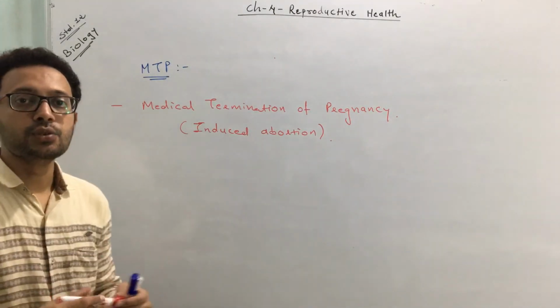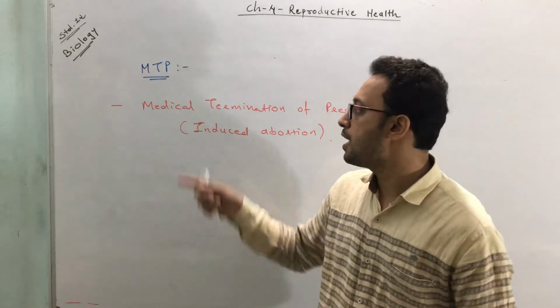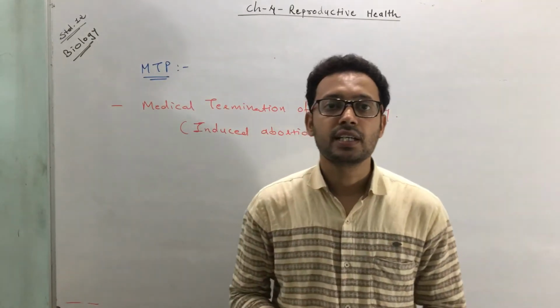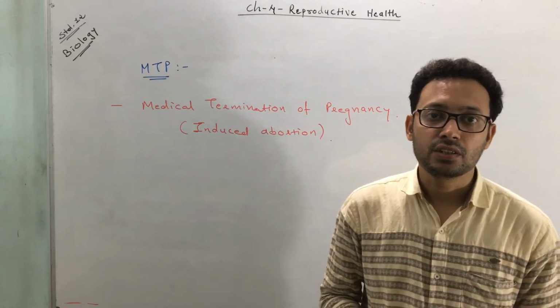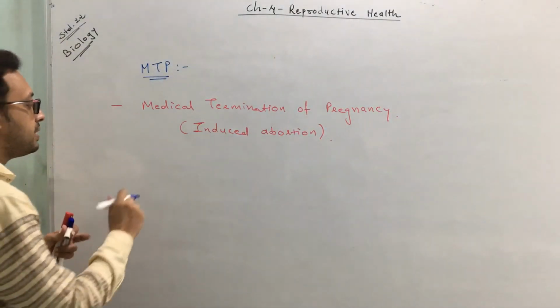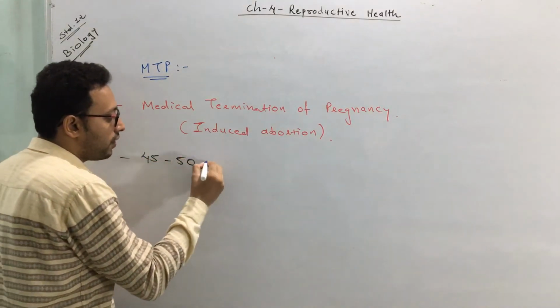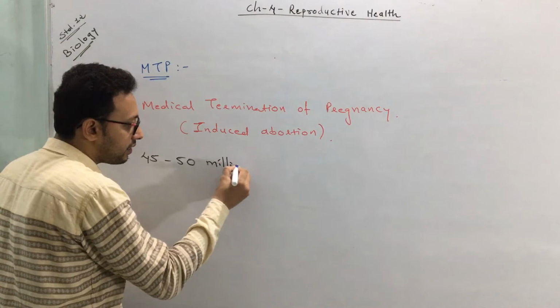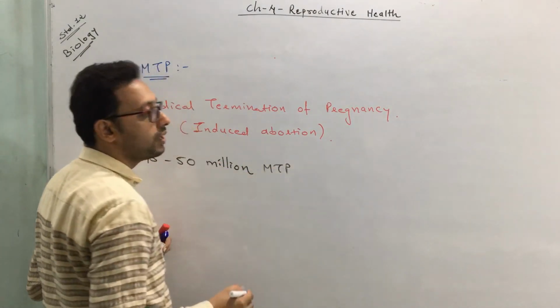Okay, it is induced abortion, meaning abortion that is induced by a medical professional, that is called medical termination of pregnancy. Okay, every year if you see in the world how many MTPs are performed, every year 45 to 50 million MTPs are performed in the world.